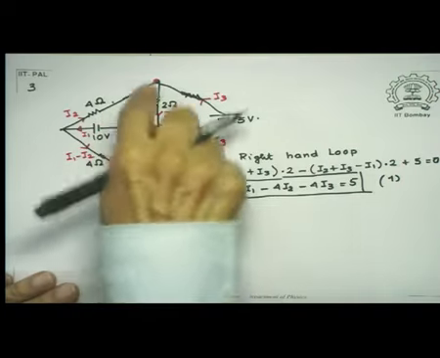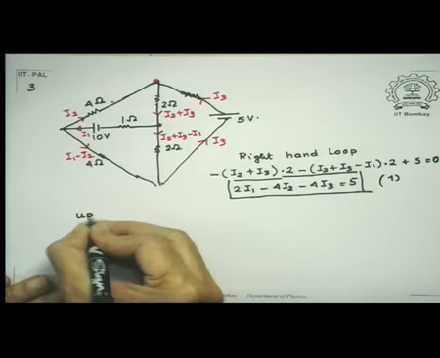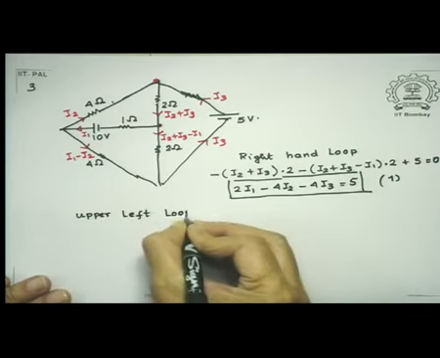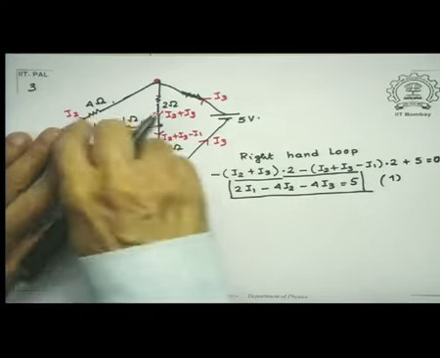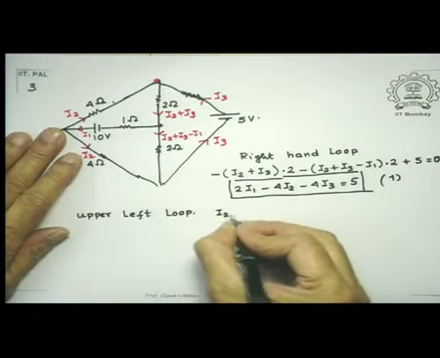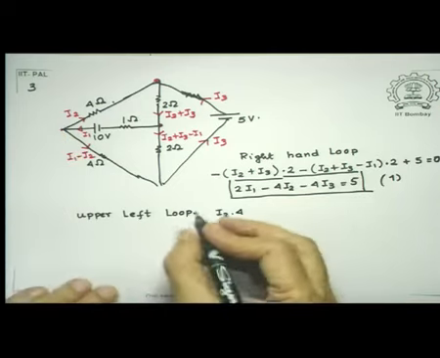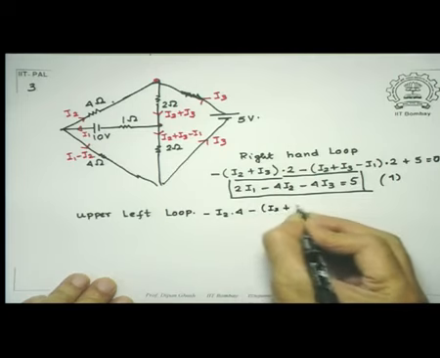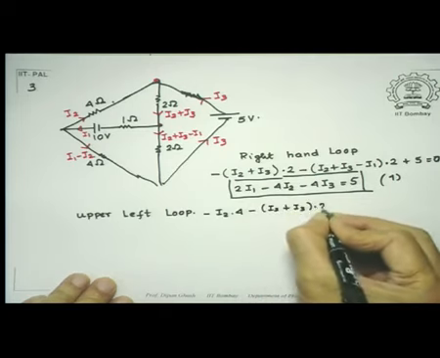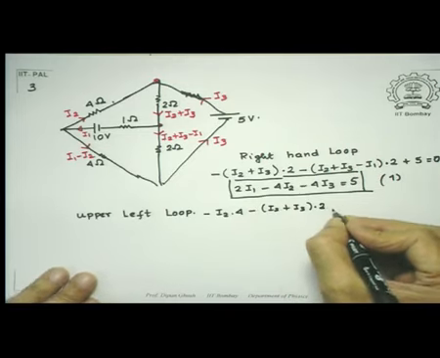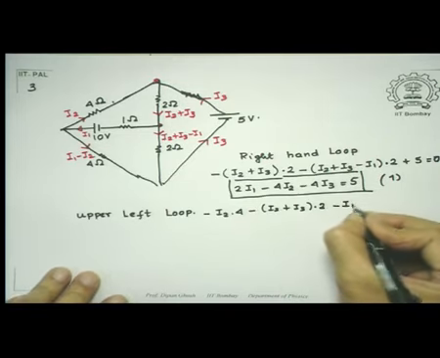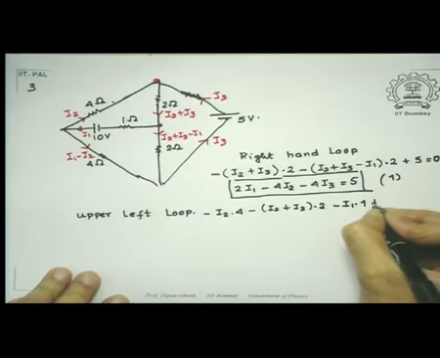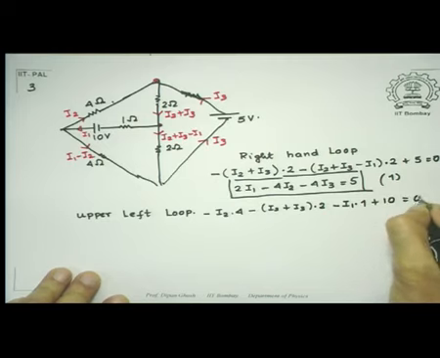Let us look at this upper left loop. So I2 into 4, well minus because it is a drop, minus I2 plus I3 into 2, then minus I1 into 1 because that is I1, plus 10 equal to 0.